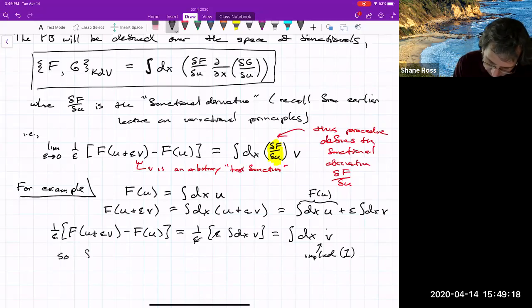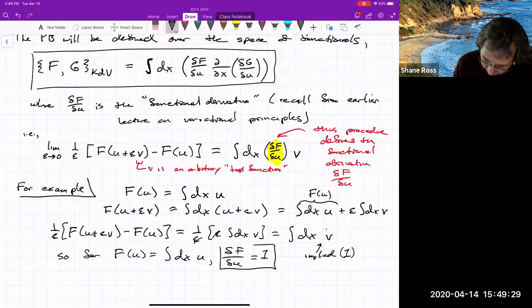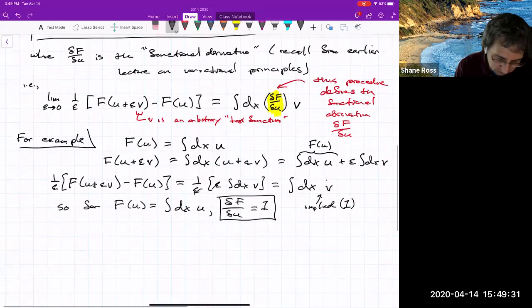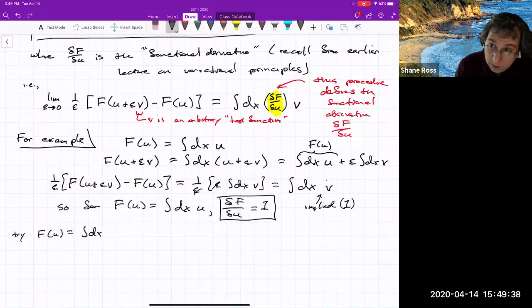So for this F, the functional derivative of F with respect to u equals 1. And you could do that for something else. If you try F of u as the integral over x of u squared and do this procedure, you would get the functional derivative with respect to u is 2u.